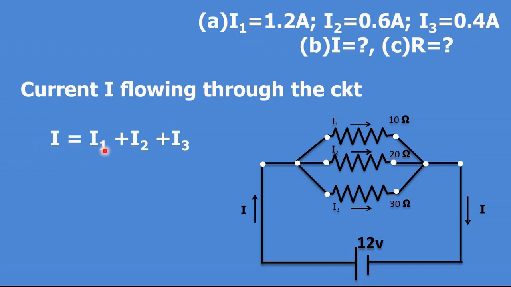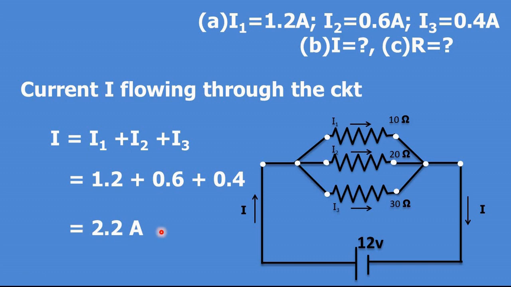That is, I equals I1 plus I2 plus I3. We simply put the values here as 1.2, 0.6 and 0.4, and the total sum of these three is 2.2 amperes. So 2.2 ampere is the current flowing through the circuit of the combination.